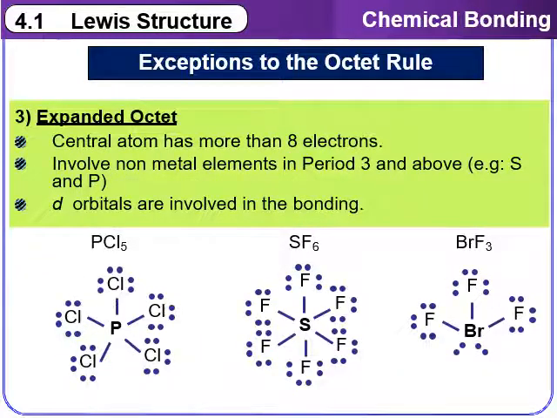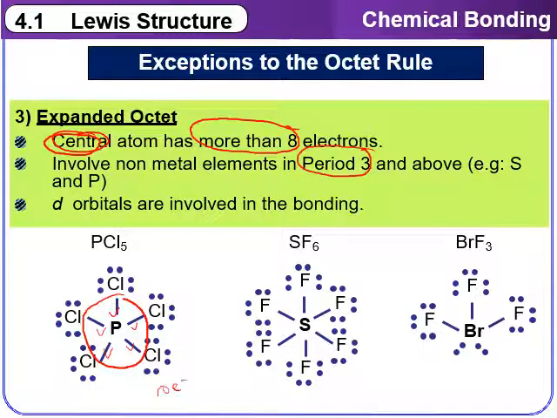Last, as mentioned before, and emphasized again and again, we only need to focus on the central atom, which always has more than 8 electrons. Normally it involves elements in period 3. Now we look at PCl5, phosphorus, 2, 4, 6, 8, 10, 10 electrons. Sulfur as the central atom, 2, 4, 6, 8, 10, 12.